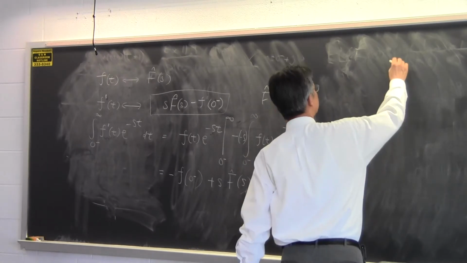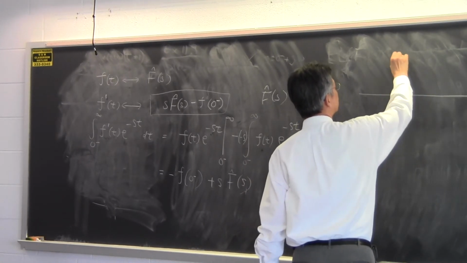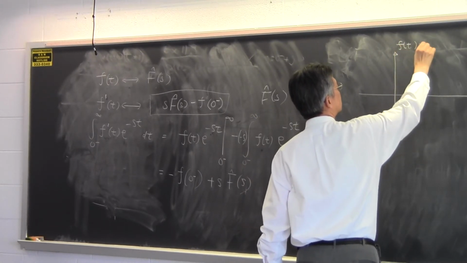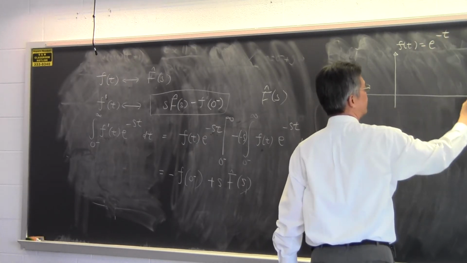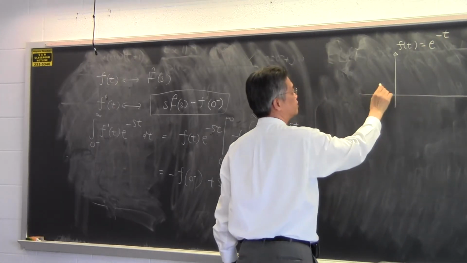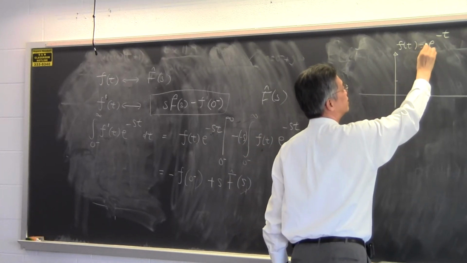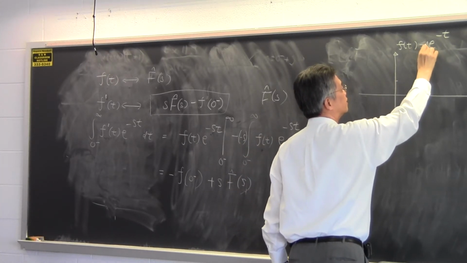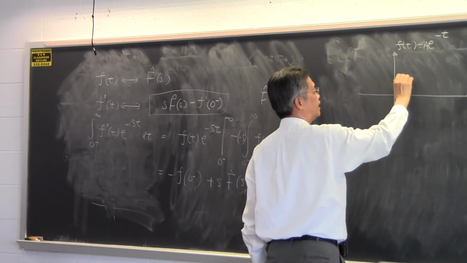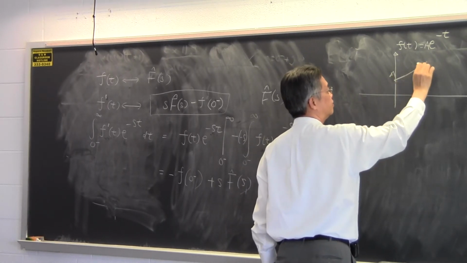So if I have a function f of t that looks like this, e to the minus t, and this function goes through the value of a, and then it grows.